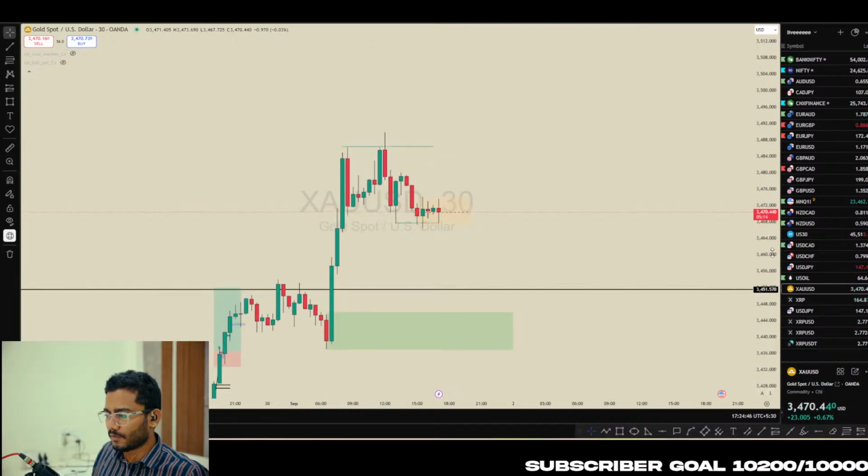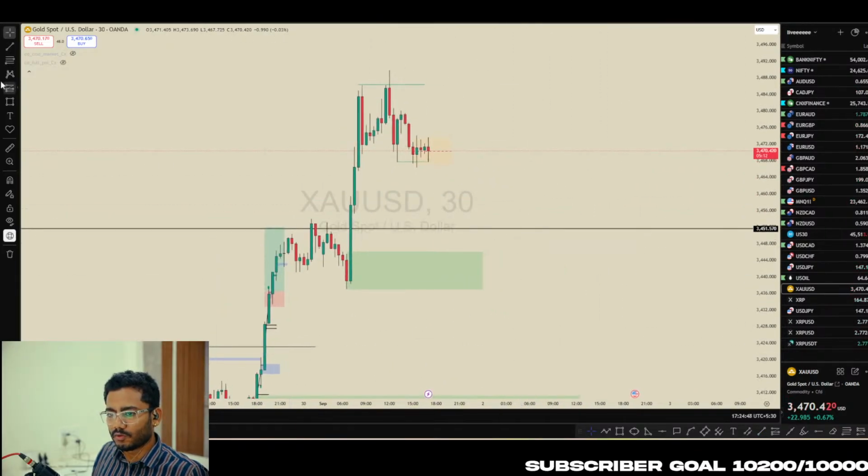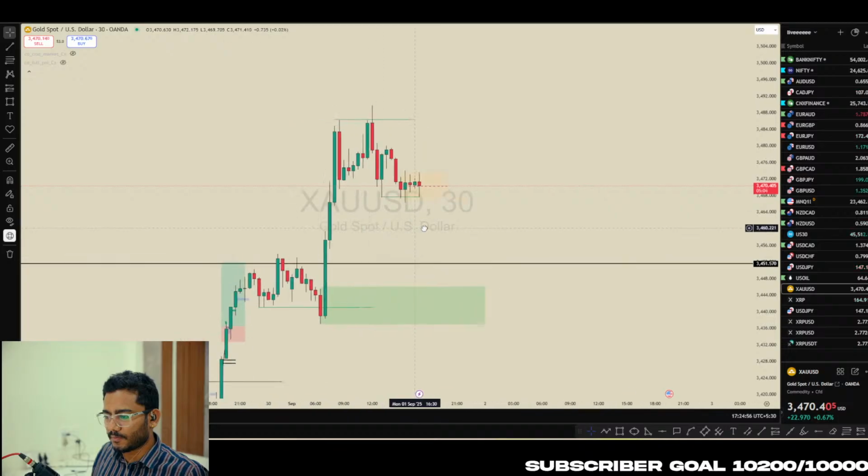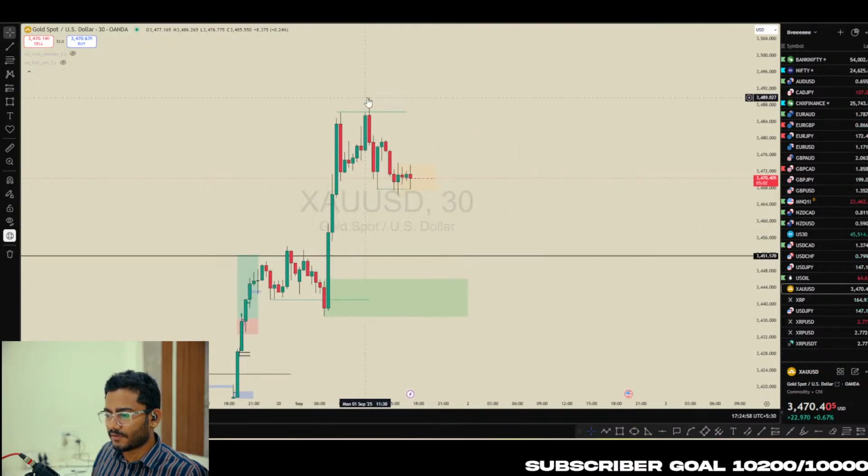Here, price has created this swing low, and this is the candle which took out the liquidity and then gave the structure break to the upside. After that, price created this higher high, and the liquidity has been swept above this high.